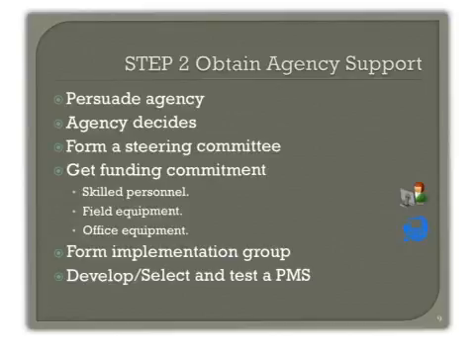Also, the funding commitment would cover field equipment. Back in the days, we used to do lots of measurements in the field manually. Now we have several automated systems that need to be bought and included in the budget to be used eventually in collecting data. And lastly, but not the least, is the office equipment.